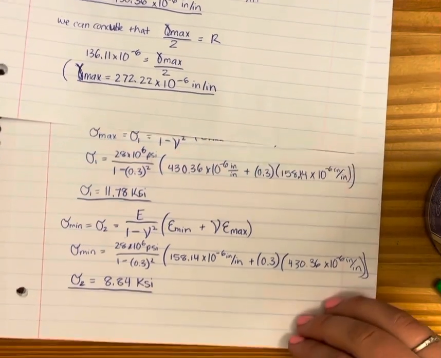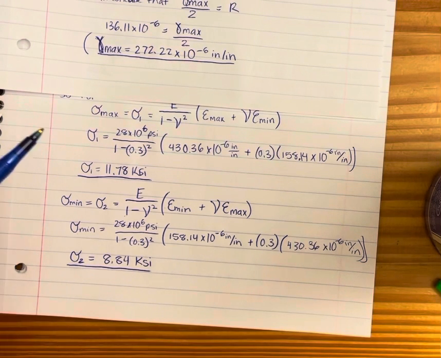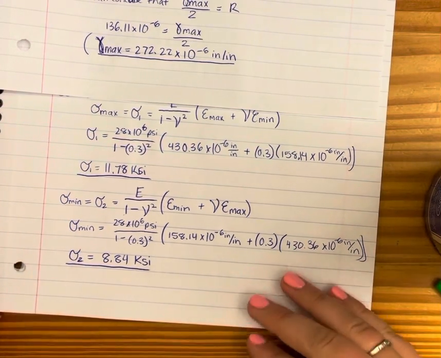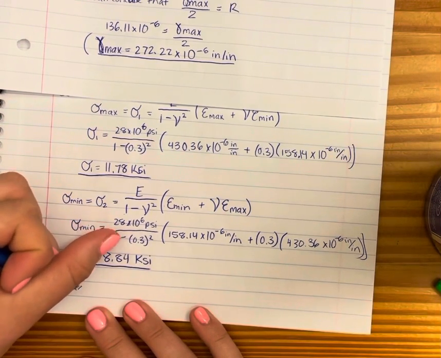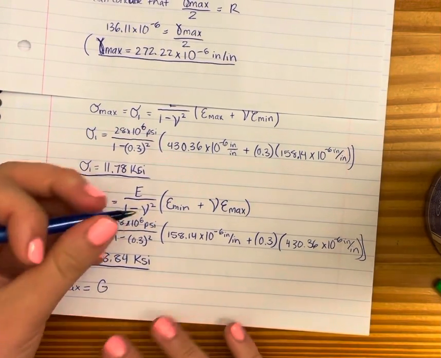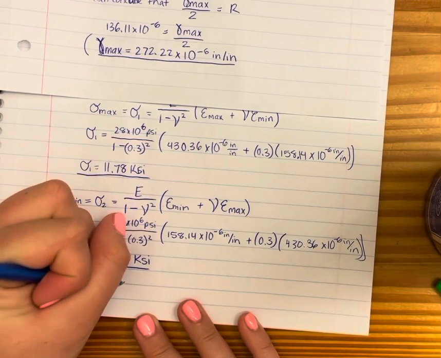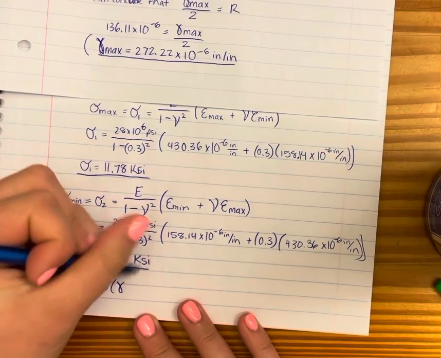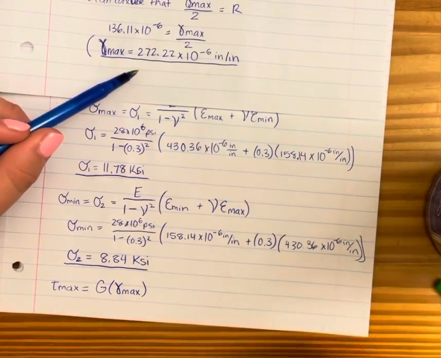Now, lastly, we have to solve for the maximum shear stress. So, this is what we do. We do tau max equals modulus of rigidity times the shear strain max that we have calculated with the circle that is right here.